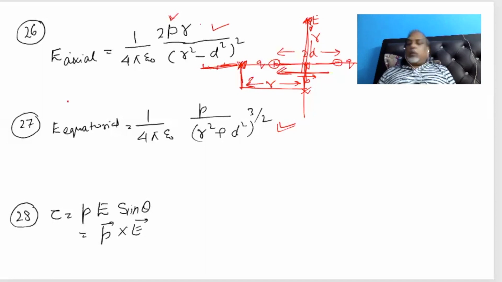And what about the equation? Now let us see equation number 28. What is this? This is nothing but torque. This is torque experienced by a dipole in the electric field. Suppose this is the electric field.